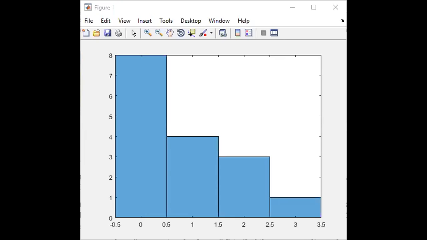Let me put that histogram, the histogram of IM, and copy that to a variable. Now the variable is equal to, of what are those values? 8 4 3 1. Okay, sorry.